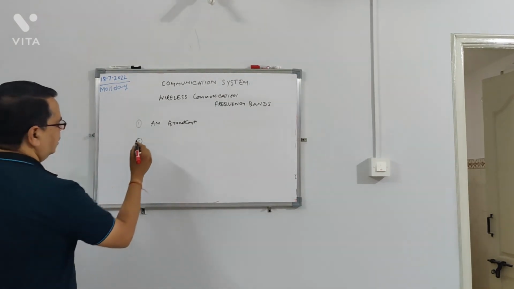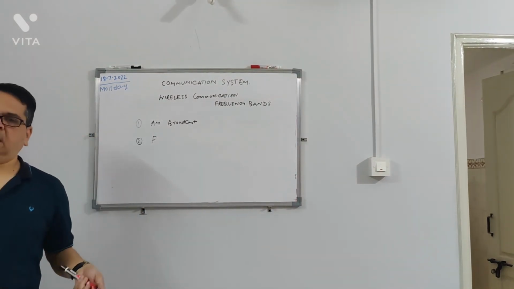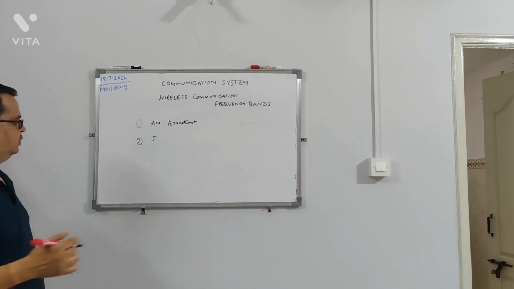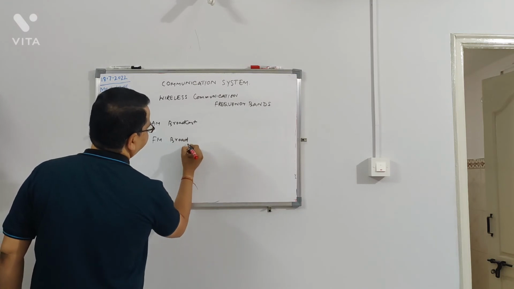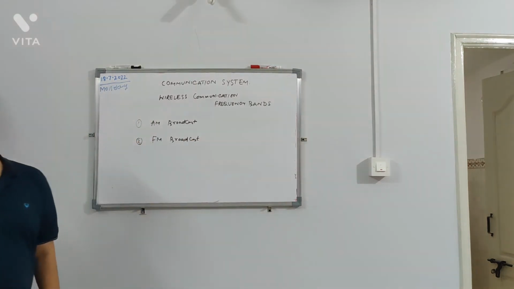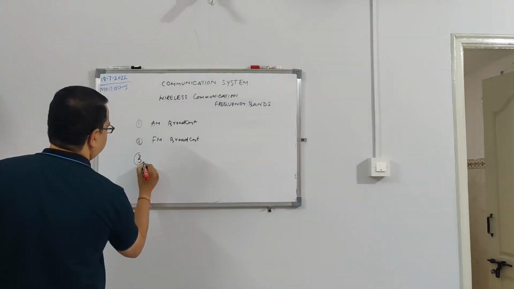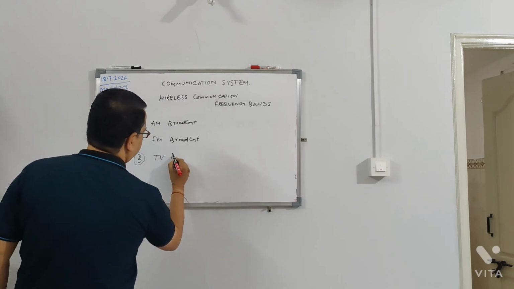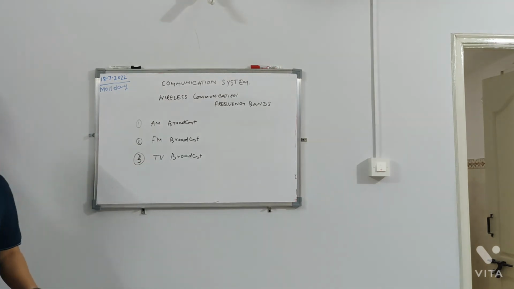In amplitude modulation, the amplitude of the modulated wave will be different, and in frequency modulation, the frequency will be different. So FM broadcast, and then television broadcast, TV. These are all radio: AM and FM. Then TV broadcast. What are the frequency bands allotted to these types of communications?